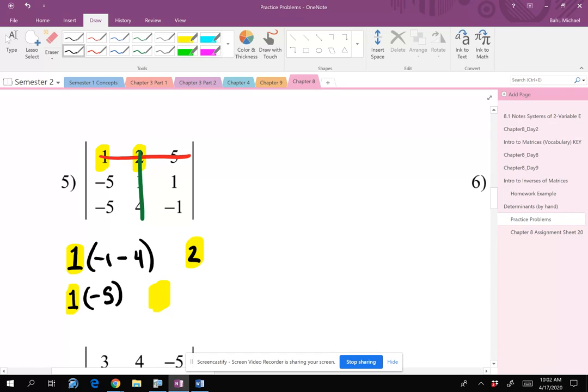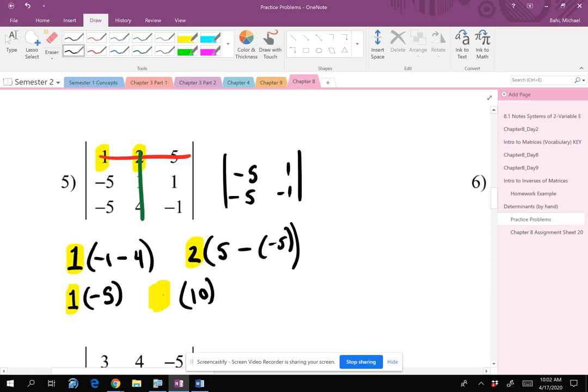Then you find the determinant of what's left. What's left are -5, 1, -1, -5. You're finding the determinant of that. So -5 times -1 is +5, minus -5 times 1, which is -5. So 5 minus -5 is 10. So I have that too.